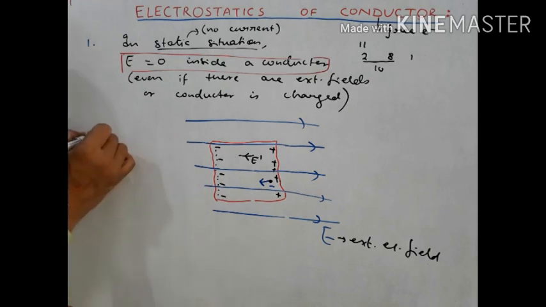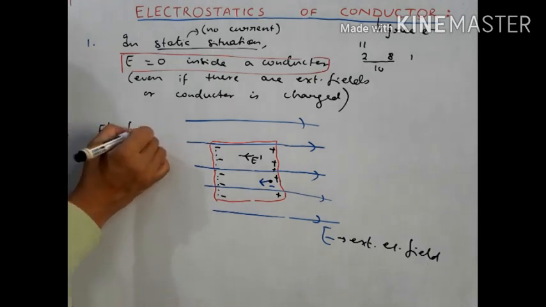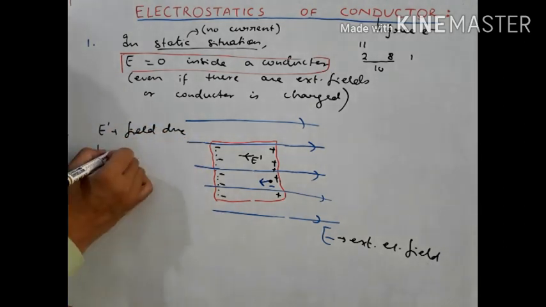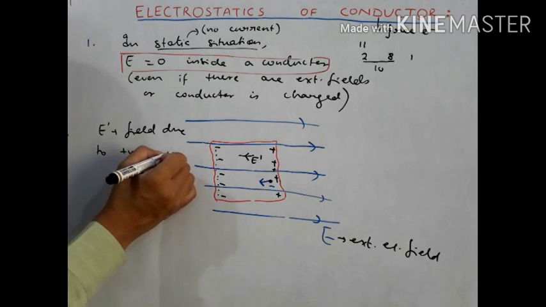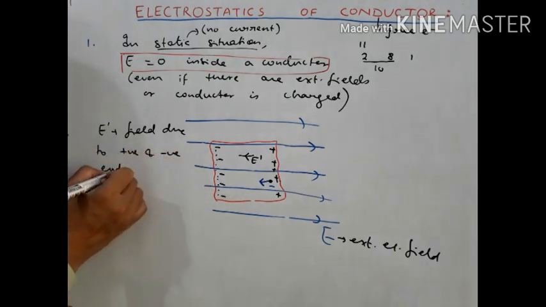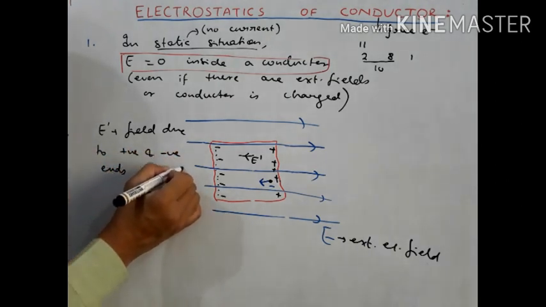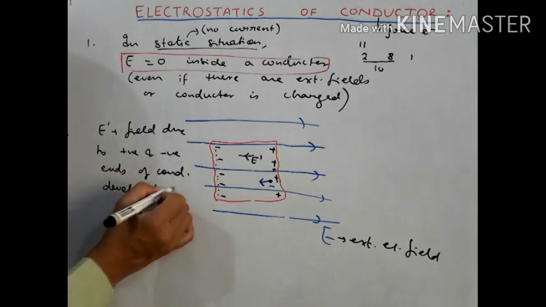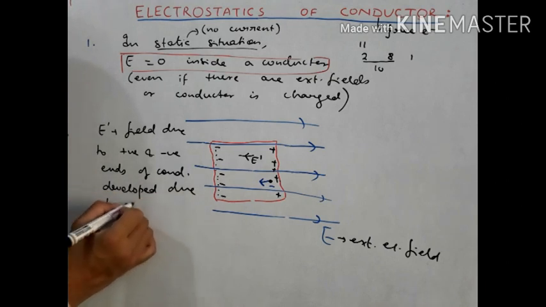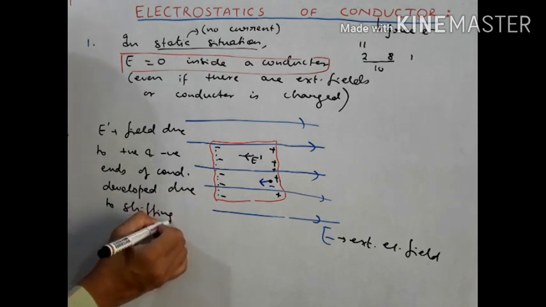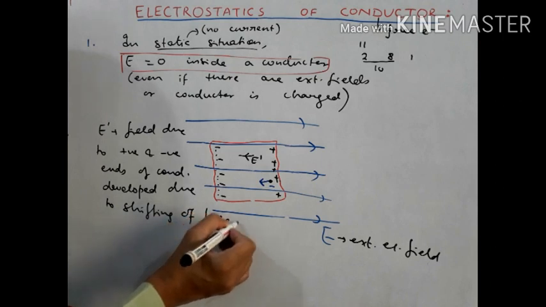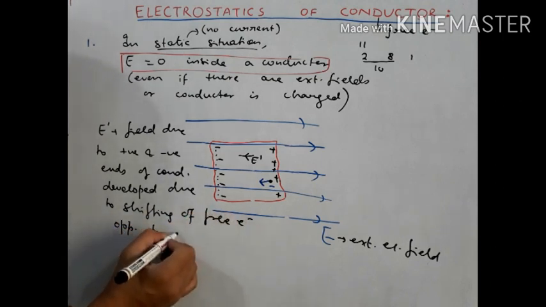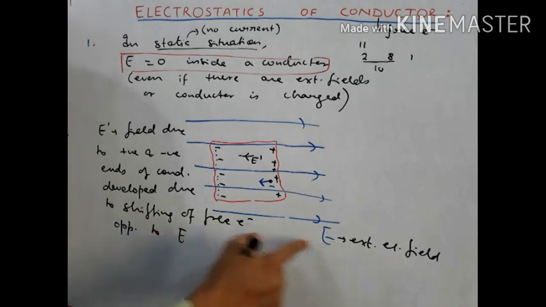E dash is the field due to positive and negative ends of the conductor developed due to shifting of free electrons, opposite to direction of external electric field.